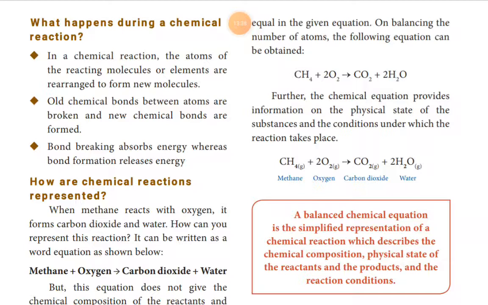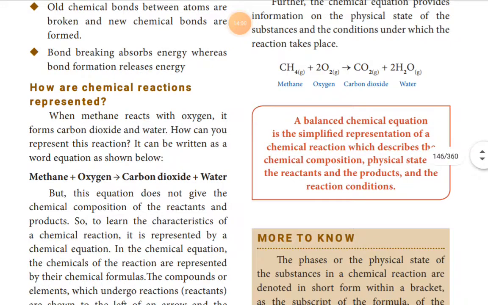First, the reactants' atoms are rearranged to form a new molecule. Second, old chemical bonds are broken and new chemical bonds are formed. Third, bond breaking absorbs energy and bond formation releases energy. These are the things normally taking place in a chemical reaction. Then, how are chemical reactions represented?